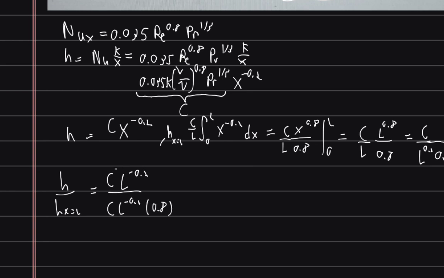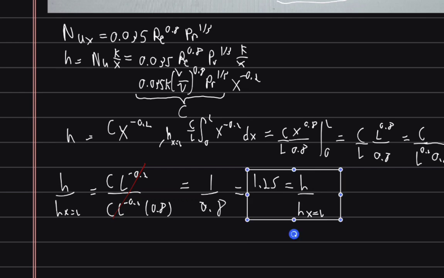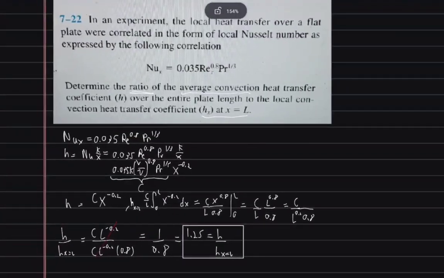So we're left with cL to the minus 0.2 divided by cL to the minus 0.2 over 0.8. These cancel out, so then we're left with 1 over 0.8, which is 1.25, the ratio we are looking for. Boom. And that's our answer.